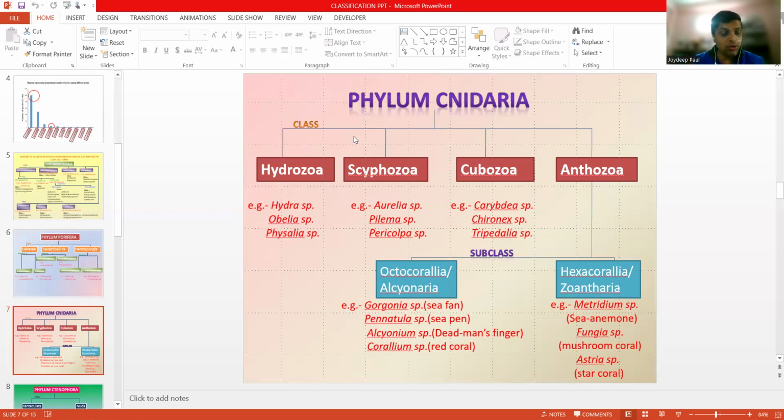Medusa is dominant, or the medusoid form is dominant, and it is large, bell or umbrella shaped. Polyp is short lived or absent. Mesoglea is usually cellular. Example: Aurelia, which is commonly known as jellyfish.